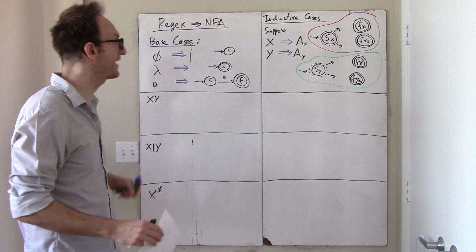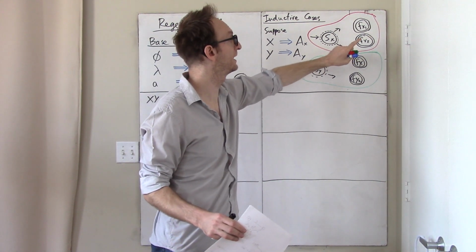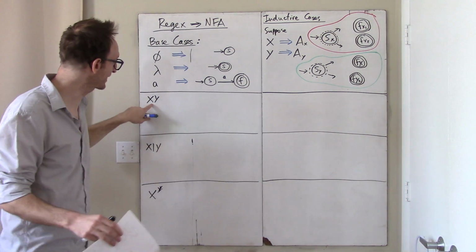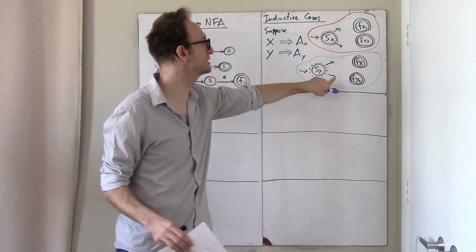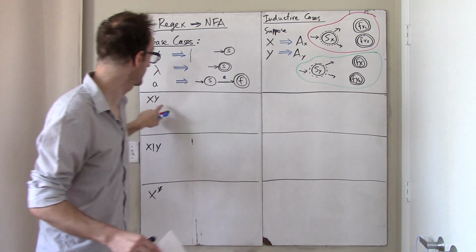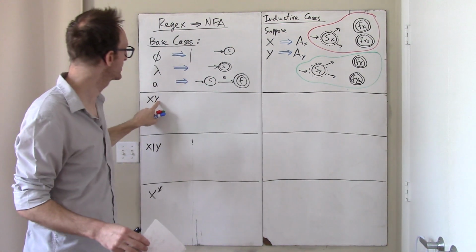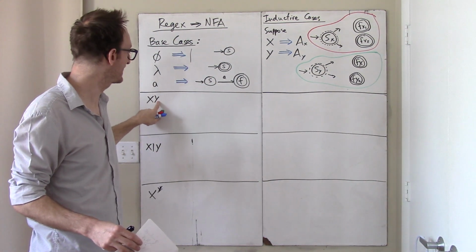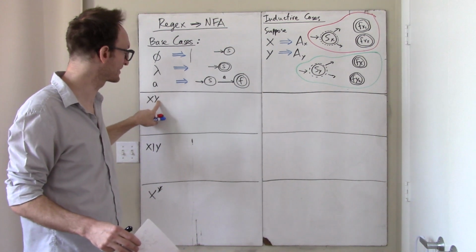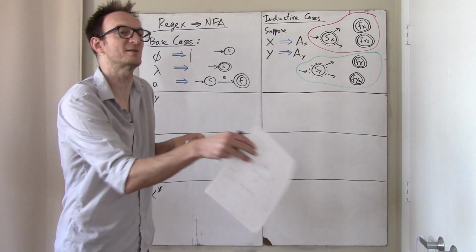And so, if I have a machine which will accept any string which matches regular expression x, and I have a machine y which accepts any string which matches regular expression y, then I kind of just have to put the machines back to back.